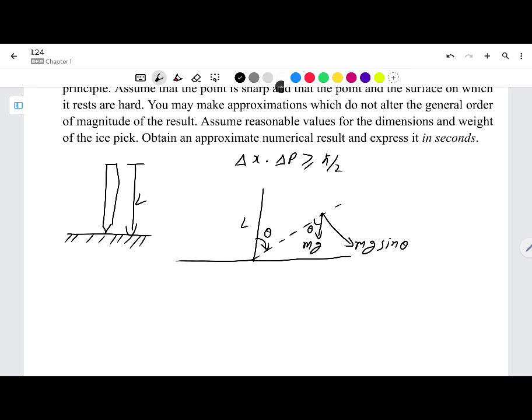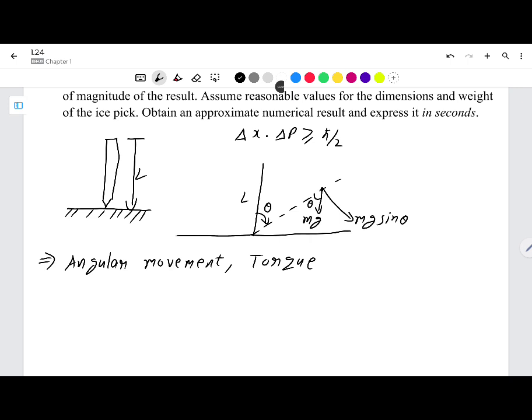Now, since this is an angular movement, there must be some torque responsible for this.